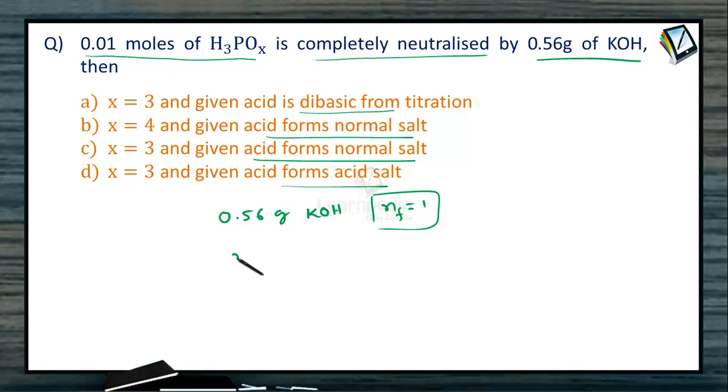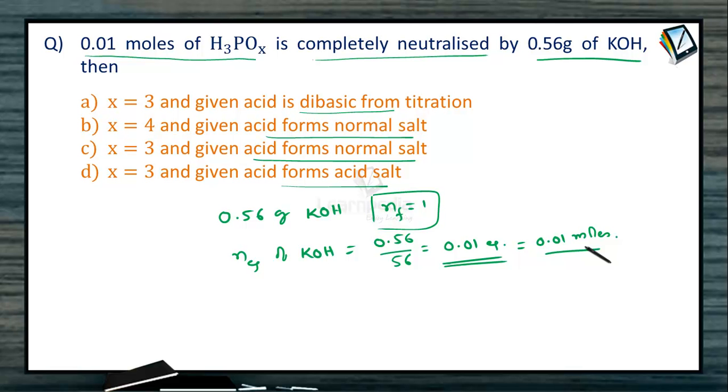The number of equivalents of KOH is given by weight by equivalent weight, and equivalent weight of KOH is nothing but molecular weight itself. That is potassium 39, hydrogen 1, 40, plus oxygen 16, 56. 0.56 by 56 is 0.01 equivalents. And for potassium hydroxide, 0.01 equivalents is nothing but 0.01 moles.